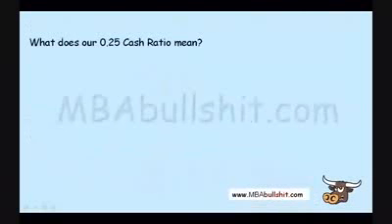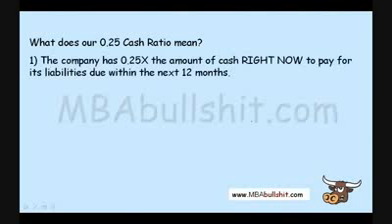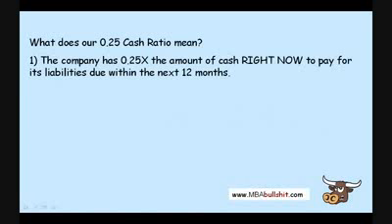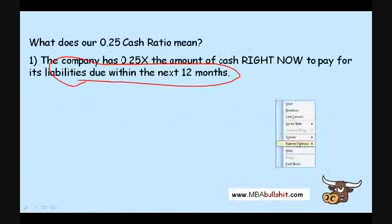So what does our 0.25 cash ratio mean? It means that the company has 25% the amount of cash right now to pay for its liabilities due within the next 12 months. Remember, liabilities due within the next 12 months are called our current liabilities.